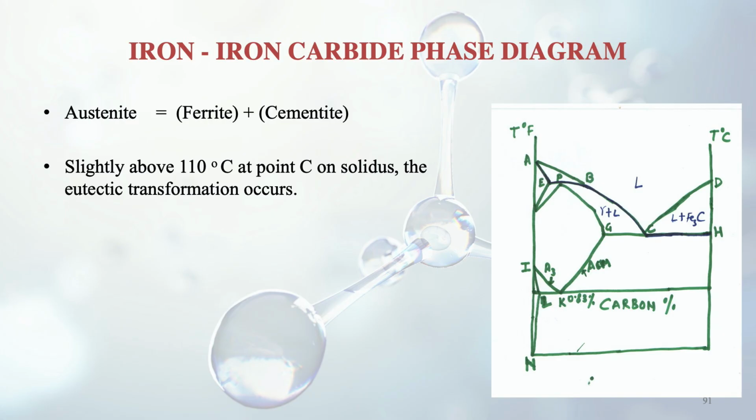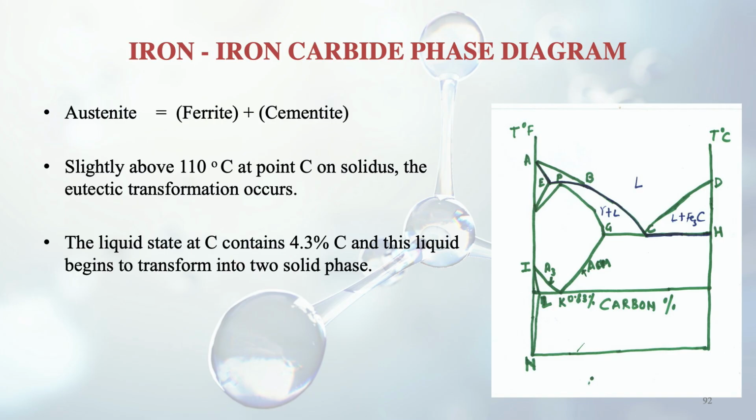So slightly above 1100 degrees centigrade, suppose we move up to point C in the figure on the solidus, the eutectic transformation takes place. Like we have the eutectoid point, similarly we have the eutectic point. This eutectic point is given by the liquid state at C. It contains 4.3% carbon, and this liquid begins to transform into two solid phases.